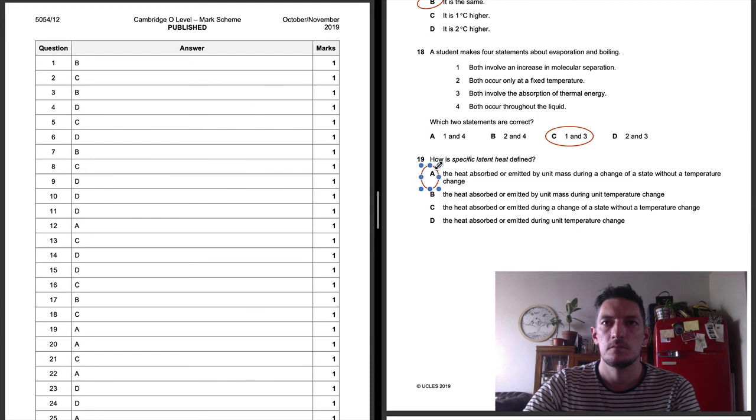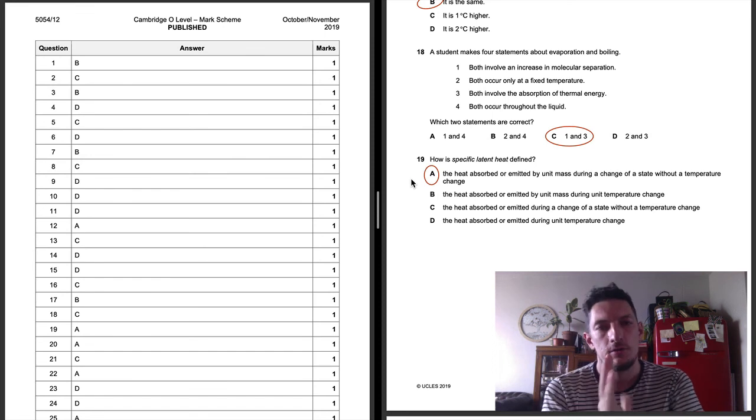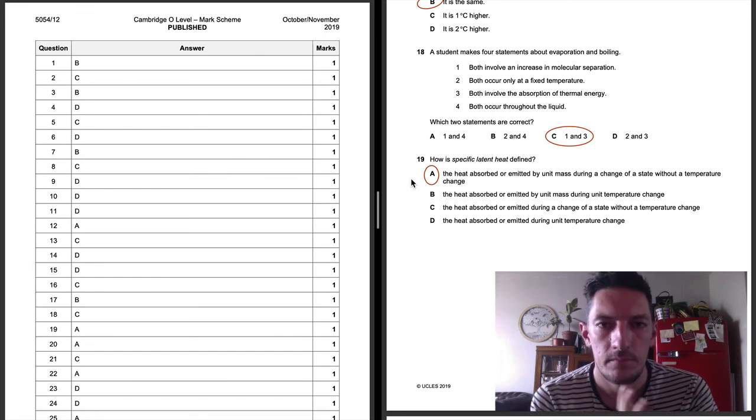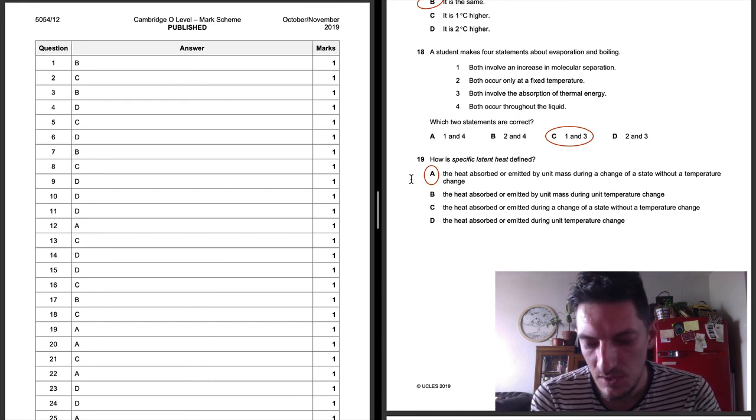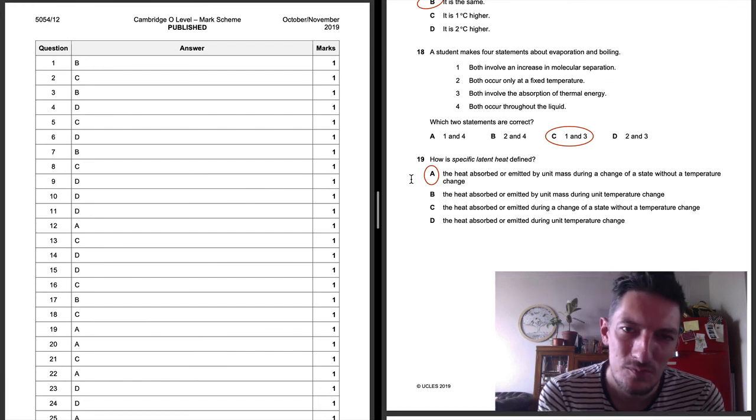Okay. So I guess specific latent heat. The giveaway here is latent. I don't know if you guys know what latent means. Latent means that something doesn't change.